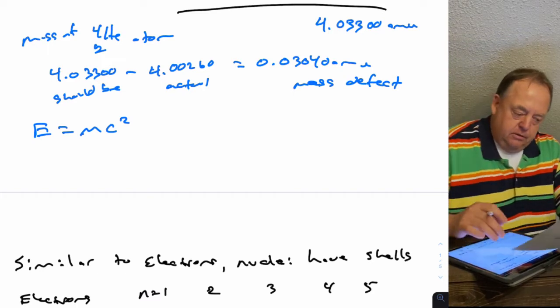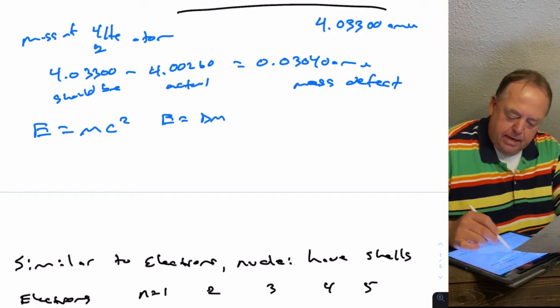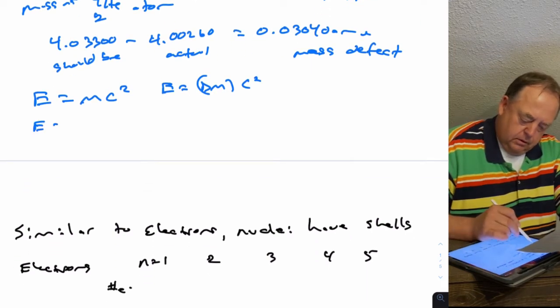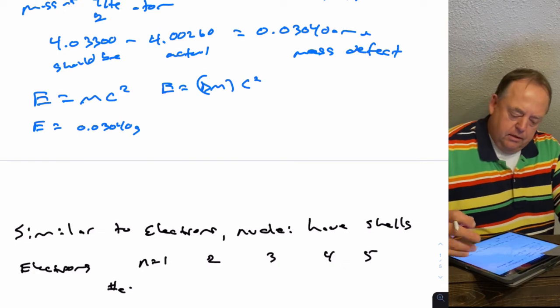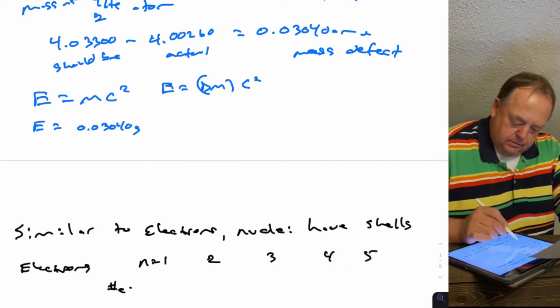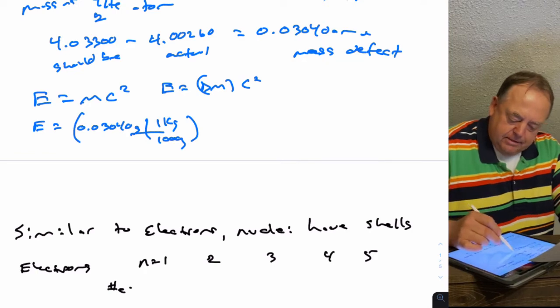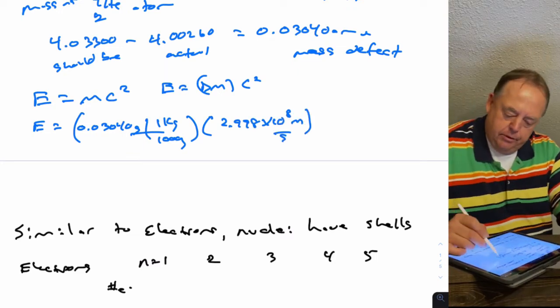So if we do this calculation, E equals change in mass times speed of light squared. 0.0304 AMU, you could convert that to grams per mole, so 0.0304 grams mass defect, and if we convert that to kilograms, that's the change in mass times the speed of light squared, 2.998 times 10 to the 8 meters per second, squared.